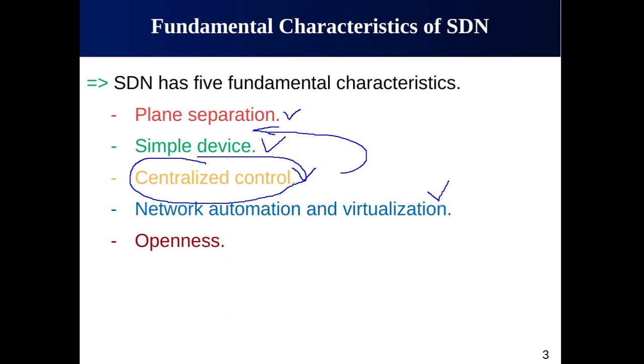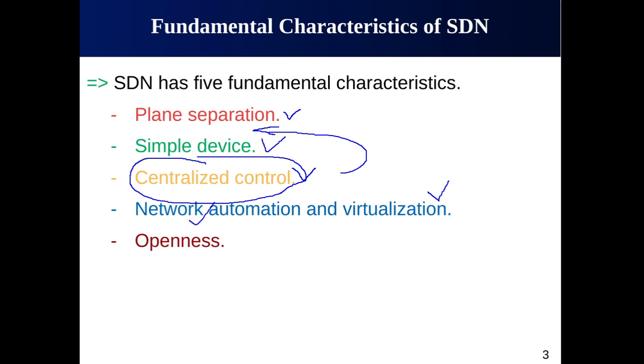The point that we need to focus on here is that the centralized software-based controller in the SDN provides an open interface, and that interface allows automated control of the network. This is the main point.